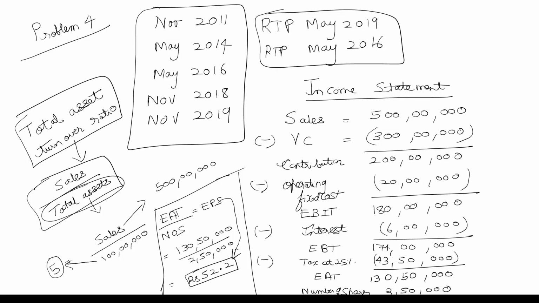Now the second requirement of this question is to calculate the three leverages: operating leverage, financial leverage, and combined leverage. That's pretty simple. Let's quickly do that. Operating leverage is equivalent to contribution divided by EBIT.